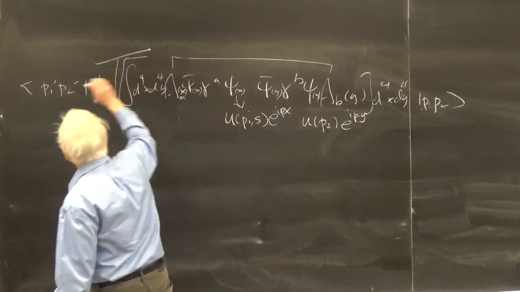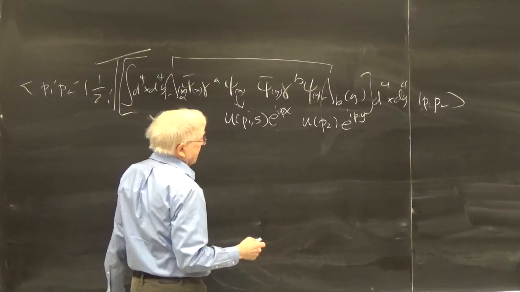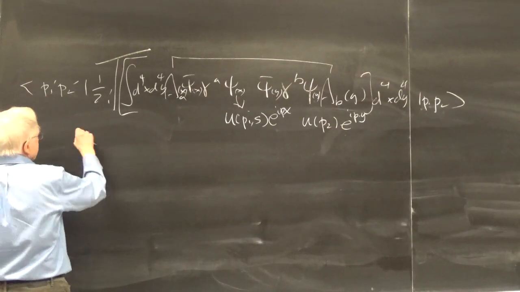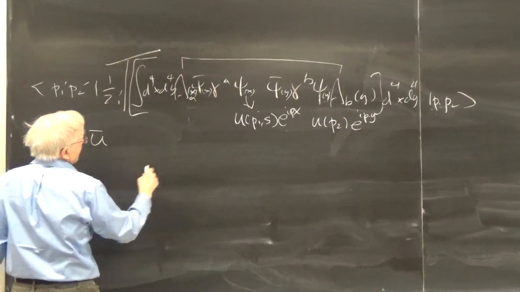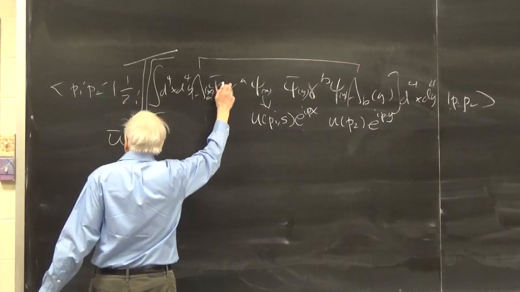And then for creating these guys, we'd have the creation operator, and so those would be a u bar. Well, you see there's a u bar here because of this beta, so it's a dagger with a beta.